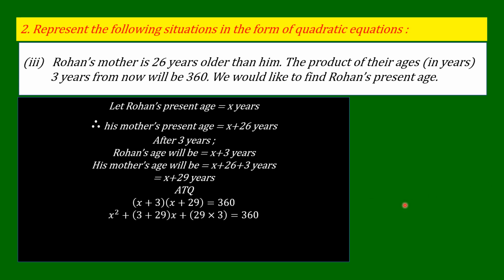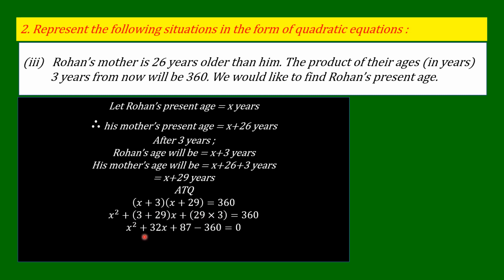We'll simplify it, rearrange it, and see what we get. So x square, now see, we'll recall that identity: (x plus a) into (x plus b) is x square plus (a plus b)x plus a into b.